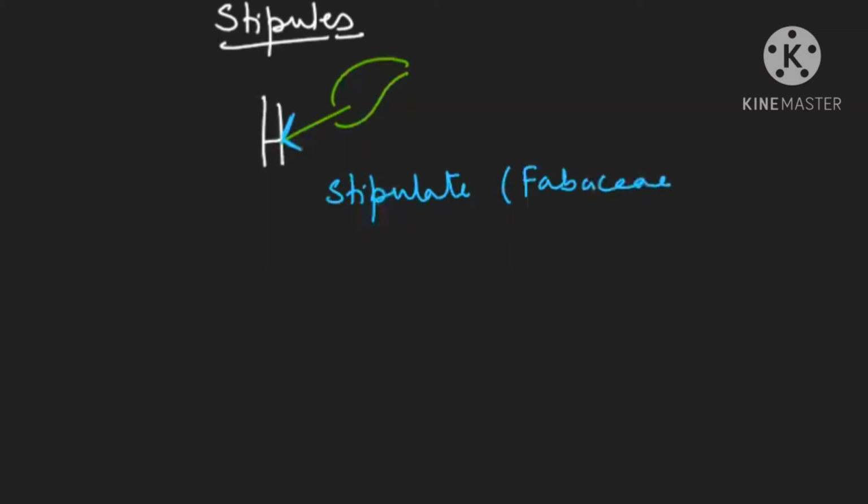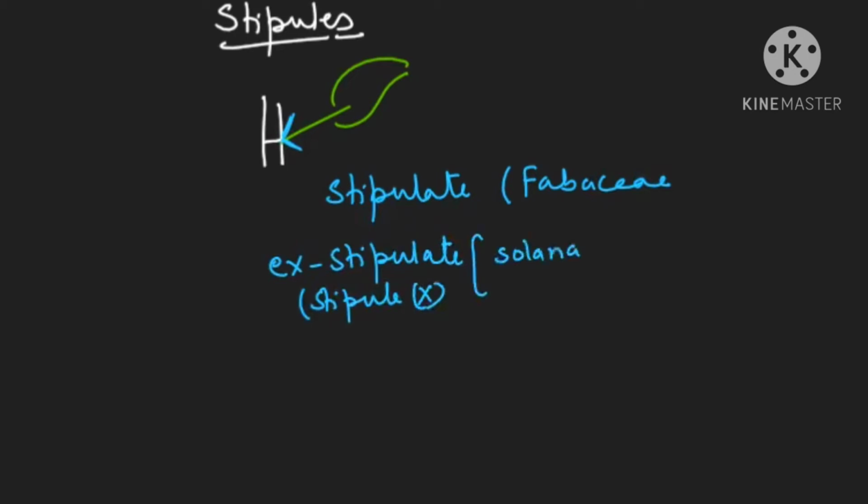But if the stipules are absent, then we say exstipulate. So exstipulate means stipule is absent. And this condition is seen in family Solanaceae and Liliaceae.